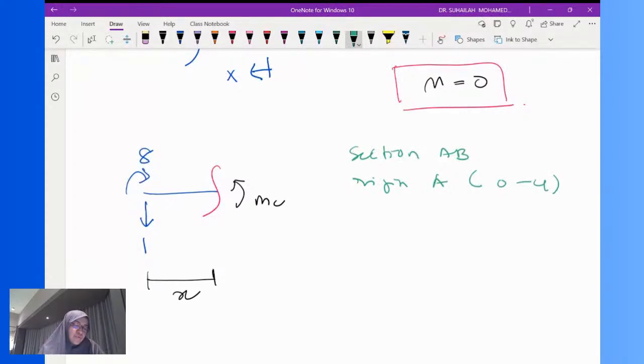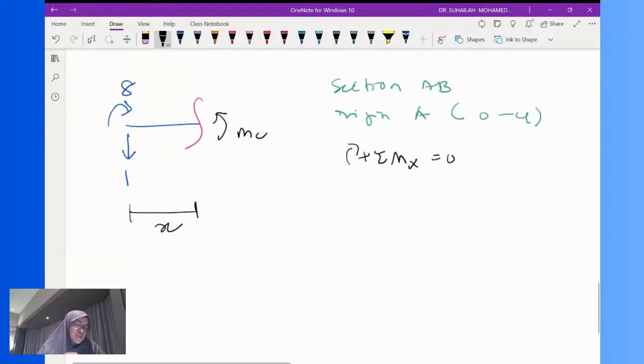Okay, so from this, by taking moment at X is 0, we write negative MC minus 1 times X plus 8 equals 0.